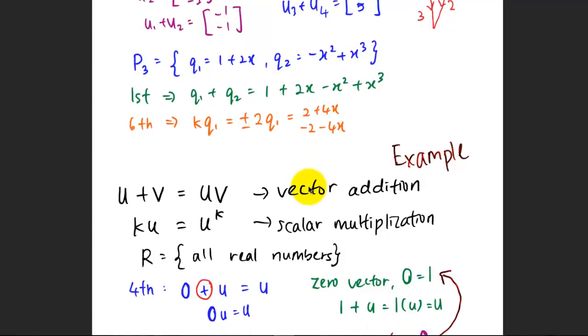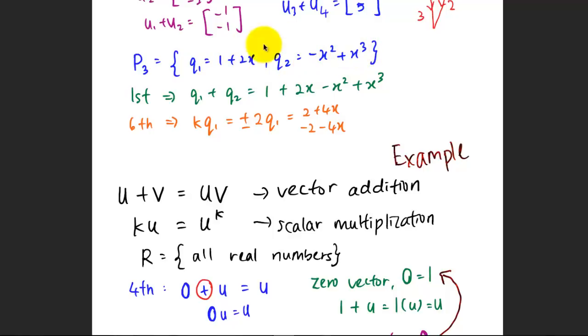Now let's look at the vector space of polynomial equations. So this is the third order polynomial equations, which means that the highest power of x is raised to the power of 3. Let's look at the members here. The first member is q1, where q1 is represented by 1 plus 2x, and q2 is -x squared plus x cubed.